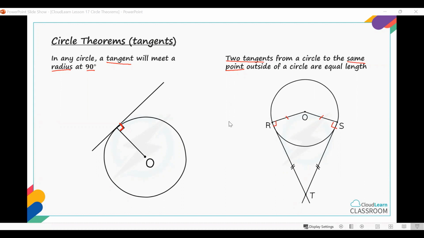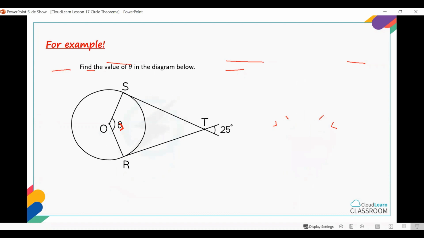Let's have a look at some of those questions in practice. Here we have got a circle. We've got a tangent meeting the circle there, and we've got a tangent meeting the circle here, okay? Now, the very first thing you should do if you see something like this, you spot those radiuses.